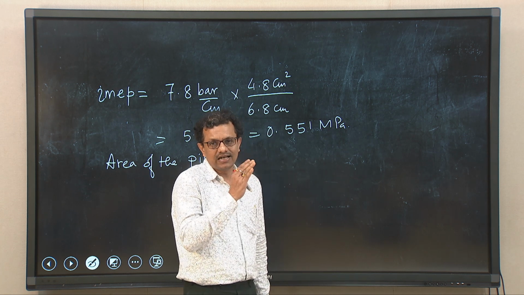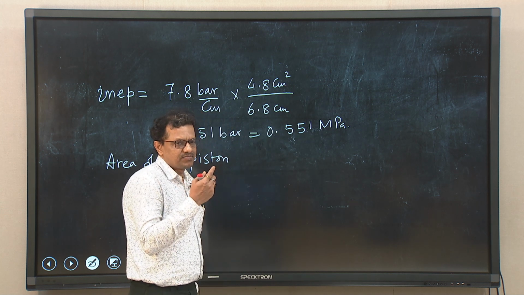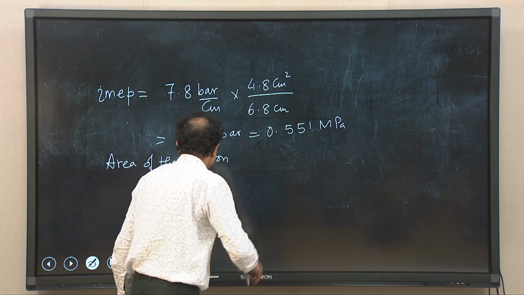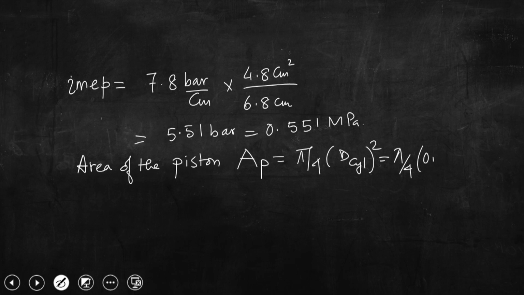Though there is a clearance, we can approximate that the inner cross sectional area of the cylinder is equal to the area of the piston face. So, AP is equal to pi by 4 d cylinder square, and if we calculate the value, that is pi by 4 into 0.2 meter squared, which is equal to 0.03 meter square.